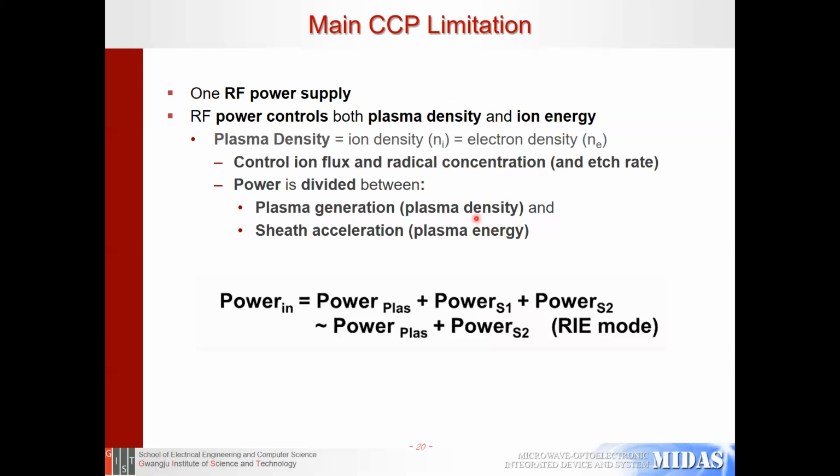So in the CCP mode, we are dividing up the power between the power going into the plasma and the power going into the two sheaths. Or in the RIE mode, the power going into the sheath above the wafer and the power going into the plasma.